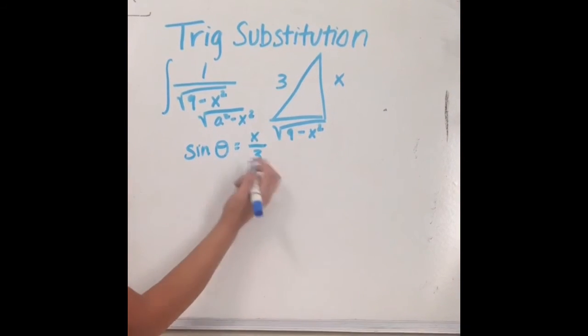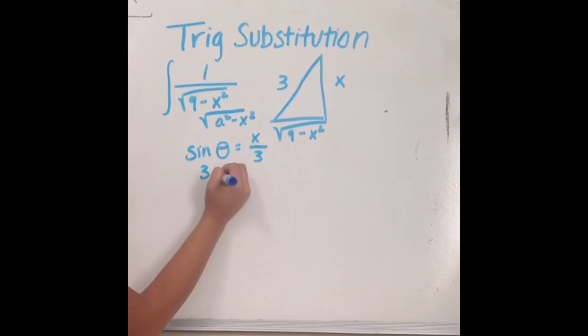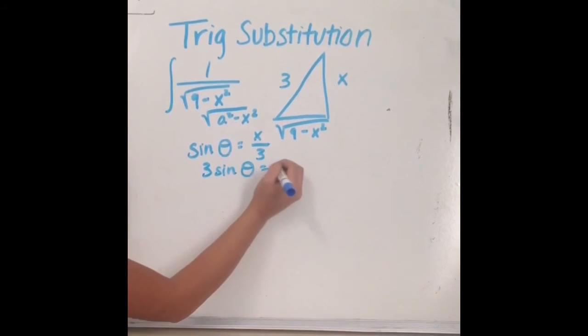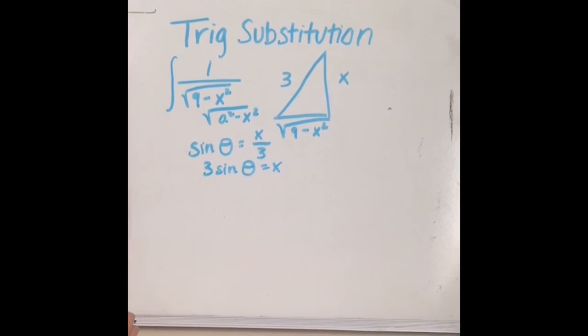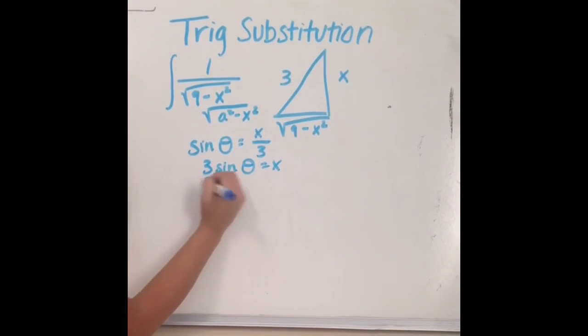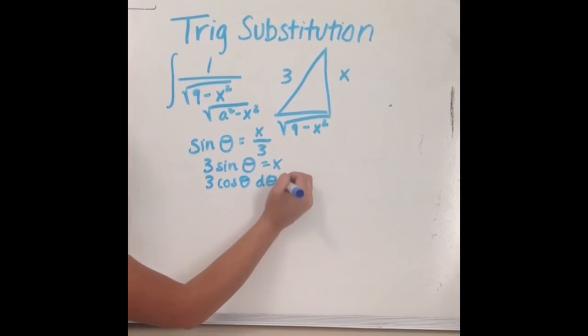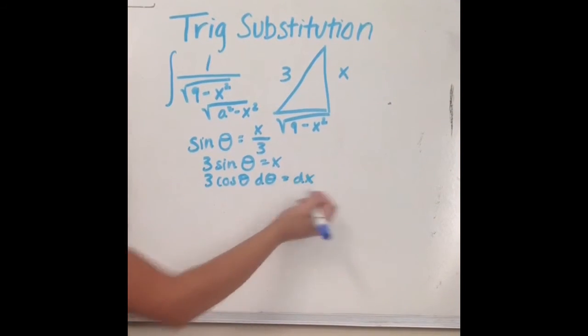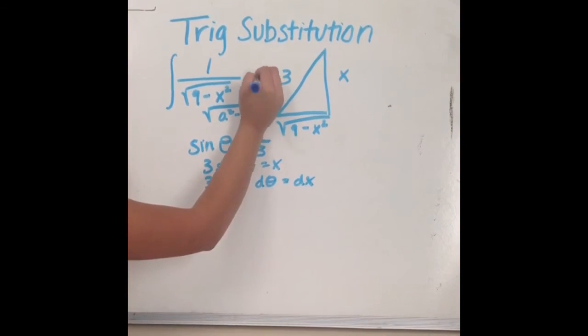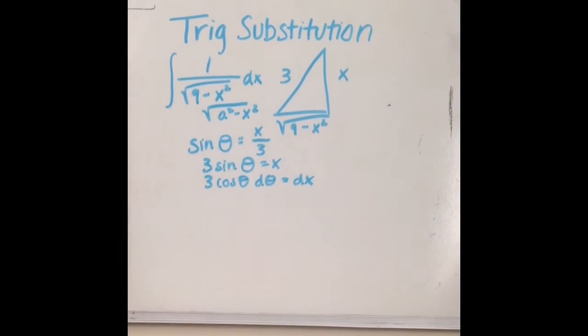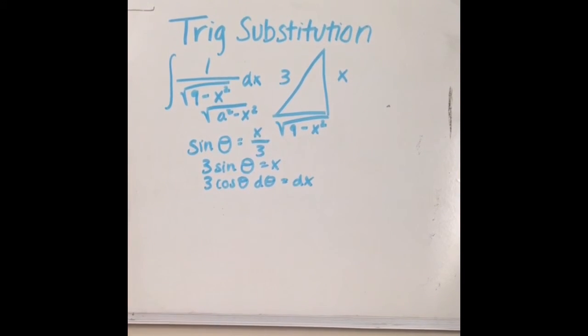So we could multiply both sides by 3, so 3 sine theta is equal to x. And then we could find the derivative of both sides. 3 cosine theta d theta equals dx. So with this, we can replace the dx right over here, and we could convert it to theta.